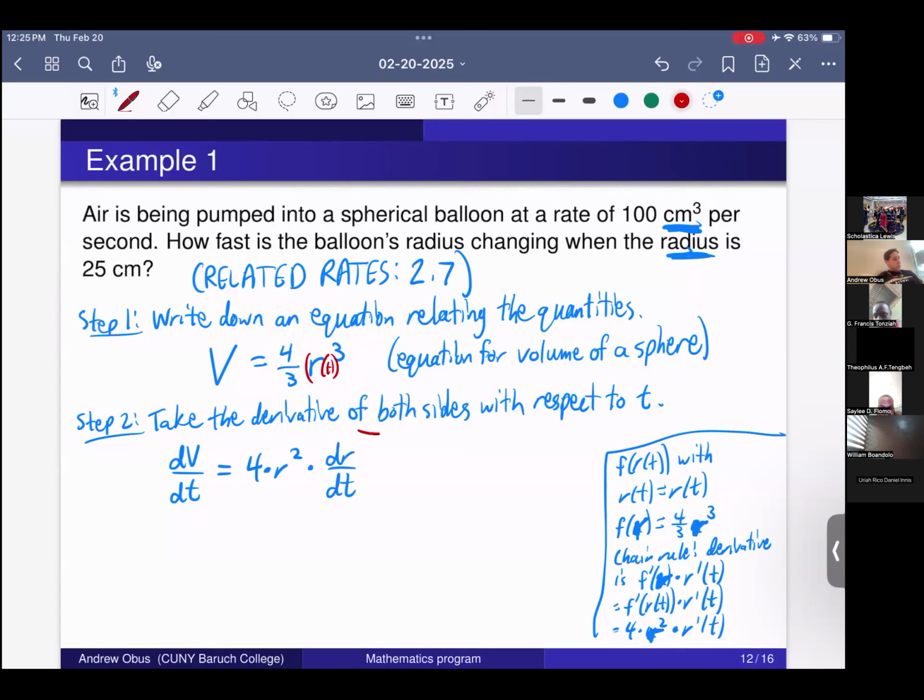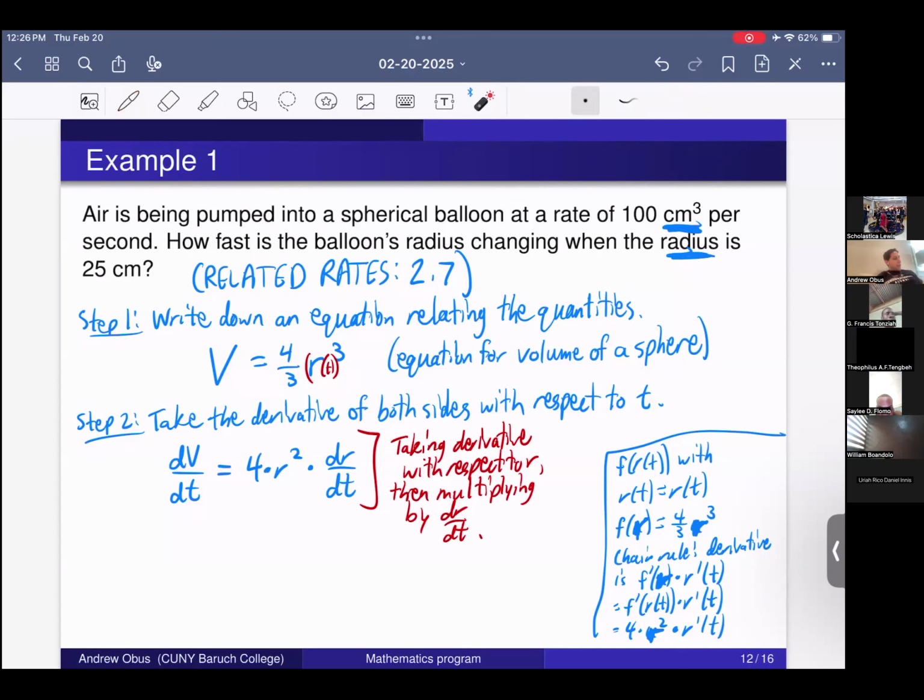Okay, so what you're really doing here is taking the derivative with respect to r, and then multiplying by dr/dt. This comes from the chain rule.